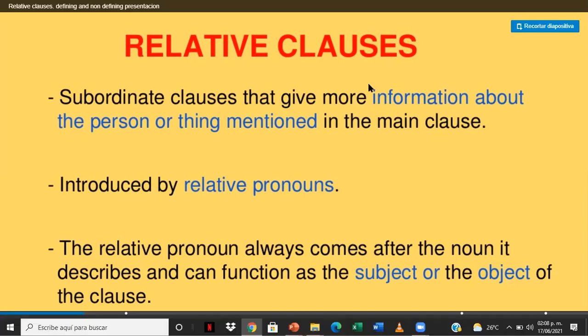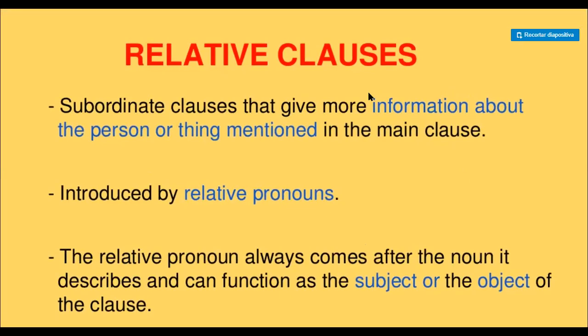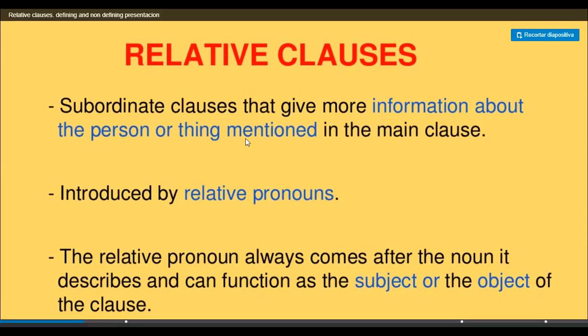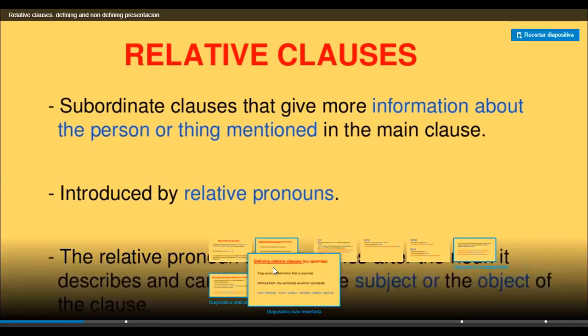So what I was mentioning, the relative pronouns always come after the noun that they are going to describe and function as the object or the subject of the clause. We're going to see some examples because I know that this is too much information, so don't worry. Here it is.